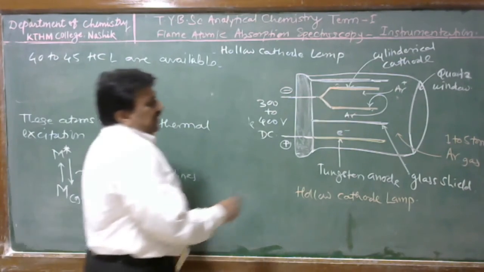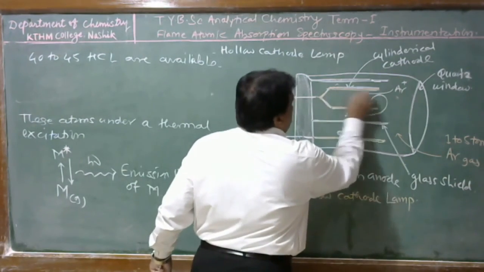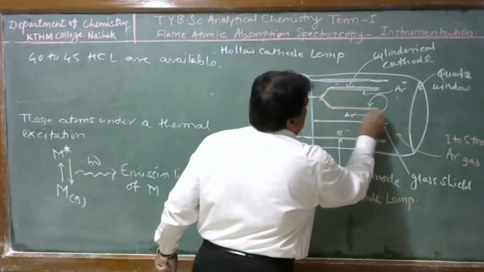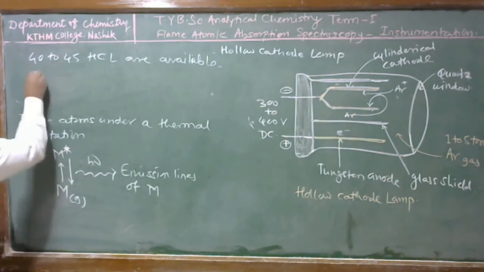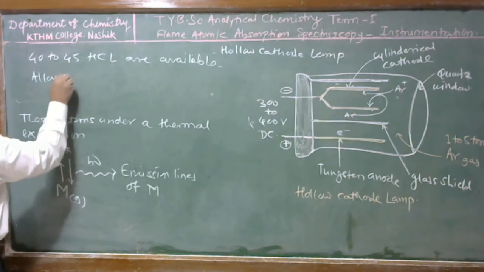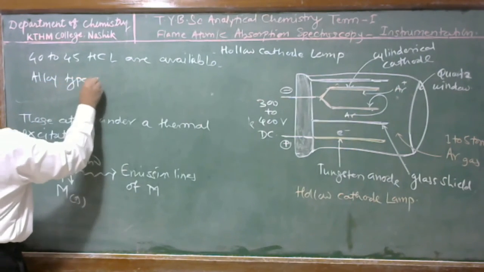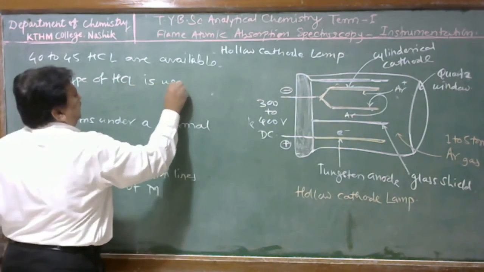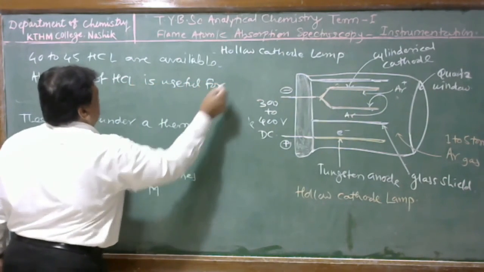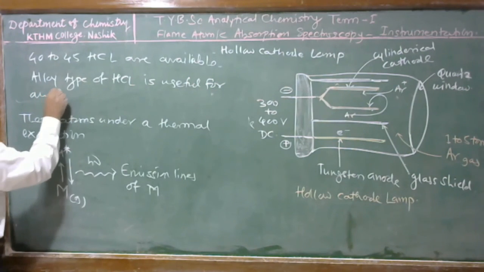Sometimes coating of an alloy is carried out onto the inner wall of this hollow cathode lamp. That type of hollow cathode lamp is useful for analysis of many elements.